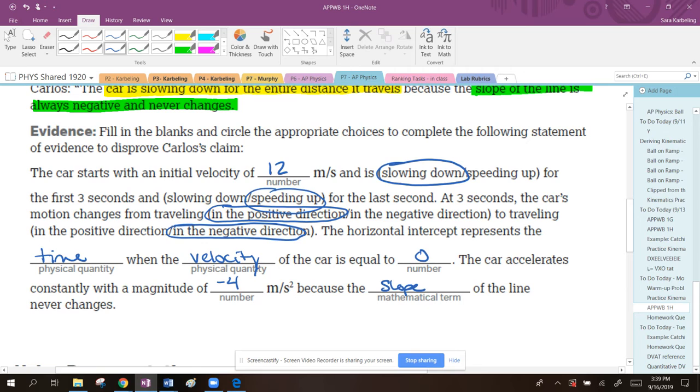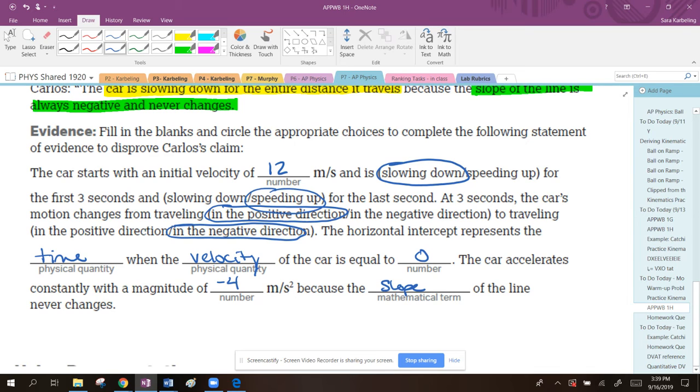Okay. So the game is, friends, that on an AP exam, they would say, Carlos says this, and then they would say, respond. Or they would say, how do you either prove or disprove that? And you have to write this kind of narrative out to explain whether you agree or disagree.